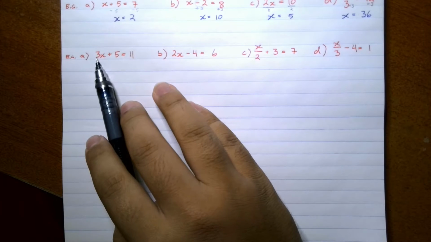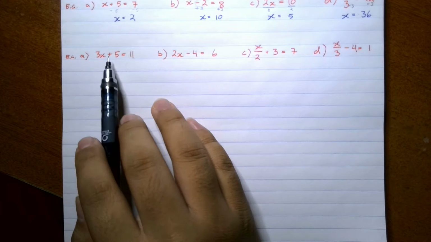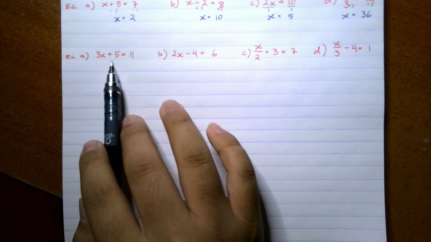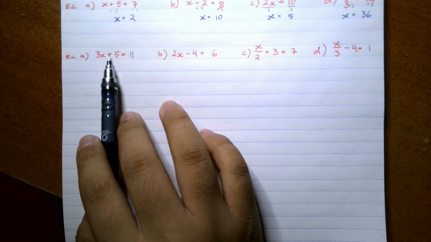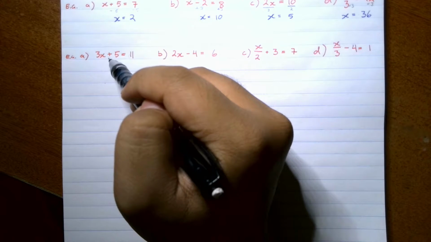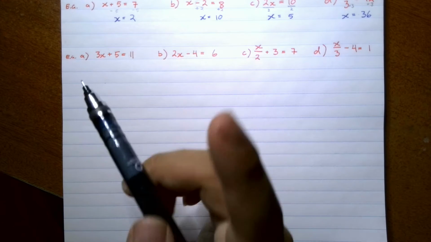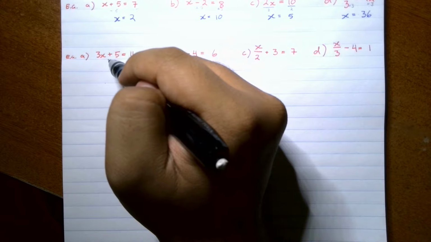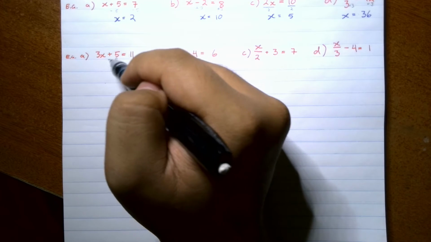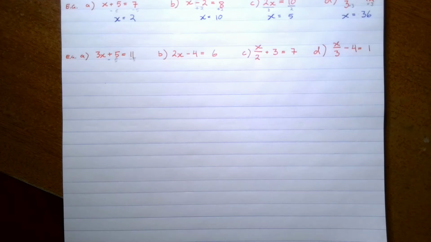In this expression, 3x plus 5 equals 11. I hope you can sort of visualize that the plus 5 was the last thing to have been done to the expression. Since plus 5 is the last thing to have been done, we need to reverse plus 5 first. So we need to subtract 5 from both sides.